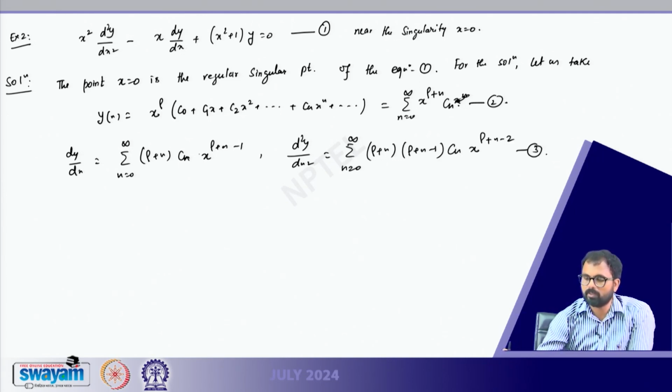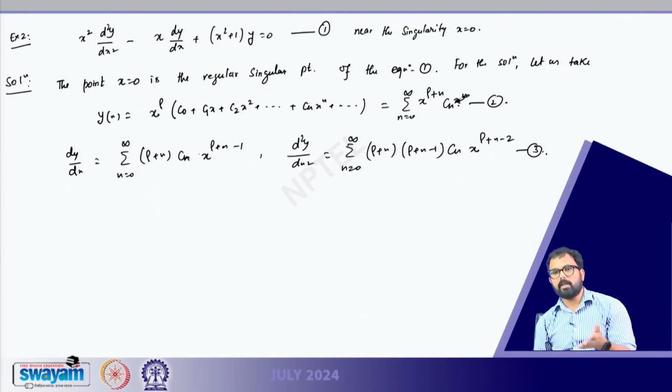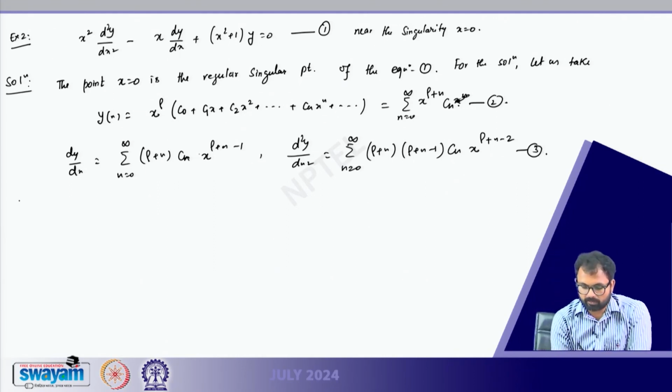This is equation number 3. Now, let us put everything back. So, if we put everything back in equation 1, then from equation 1, what do we get?